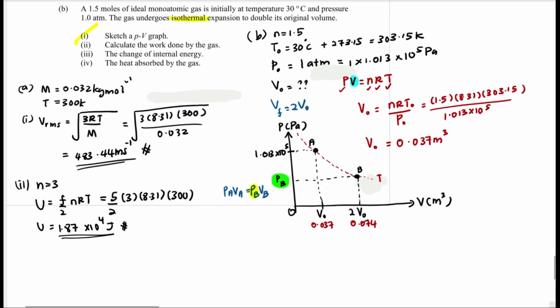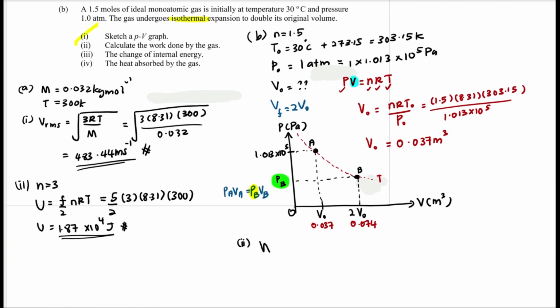Okay, so this is isothermal process. So remember, the equation of isothermal process, W is equal to nRT ln V final over V initial. Okay, V final just now is 2 times V initial. So even if you don't calculate the volume at point B and point A, no problem. You can also calculate. Okay, 8.31 can cancel later.